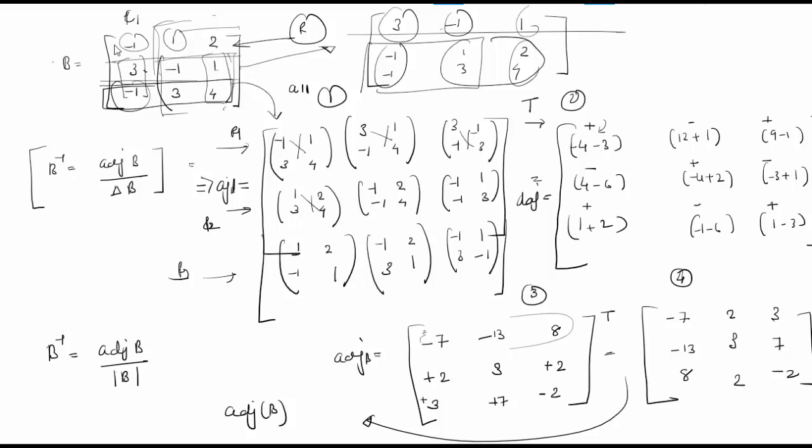So when I will find the delta of this, it will be -1 into -4 -3, -1 of 12 plus 1, and finally 2 of 9 minus 1.